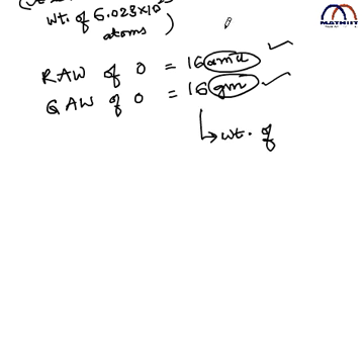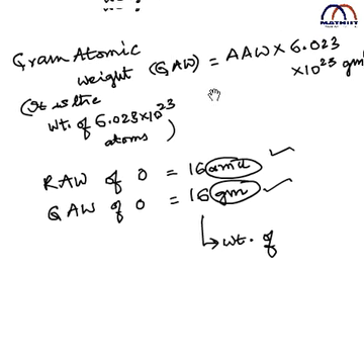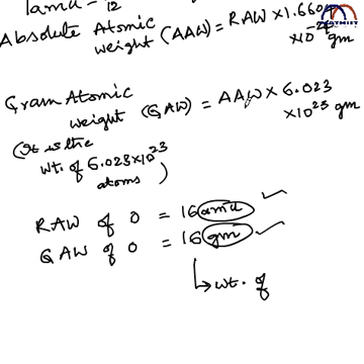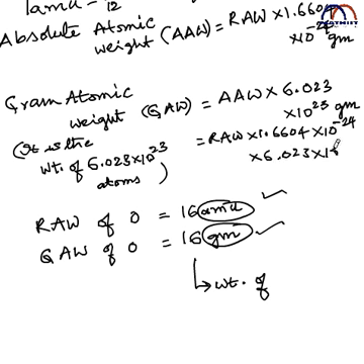Let me tell you one important point here. If I am taking this absolute atomic weight and dividing it again by RAW into 1.6604 into 10 to the power of minus 24 and into 6.023 into 10 to the power of 23, this value gets cancelled, and finally we will get RAW expressed in grams only.